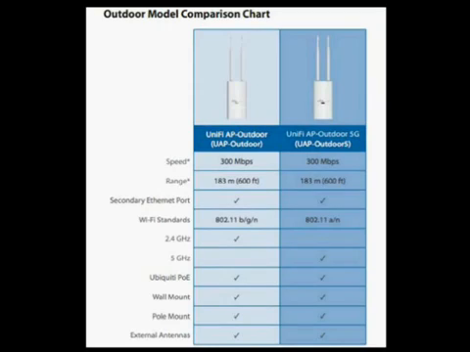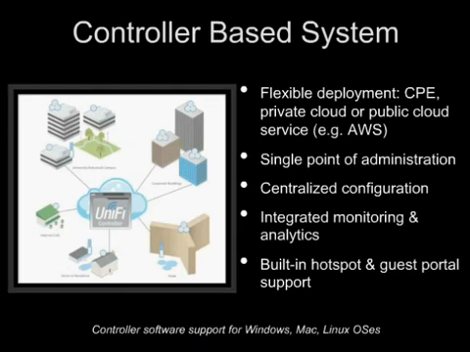Now, I mentioned the controller, and this is an interesting point of differentiation for Ubiquiti. Our controller is software-based, and so that means you can run that controller on any kind of PC, Windows, Mac, or Linux, and you can deploy that controller on your customer premise, so CPE.